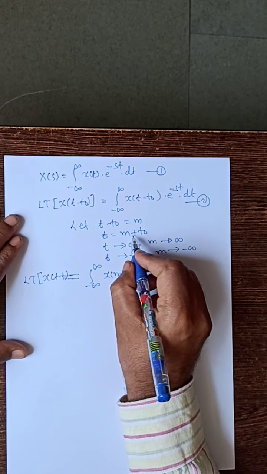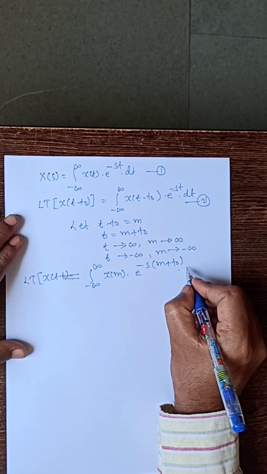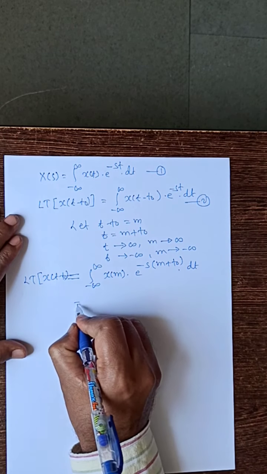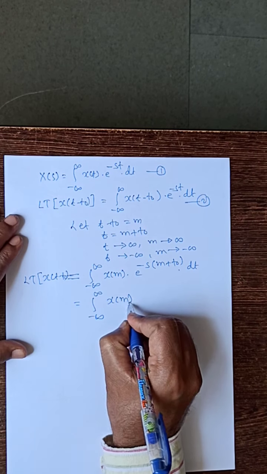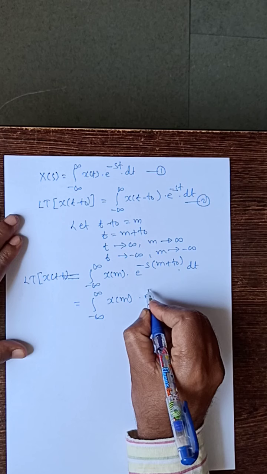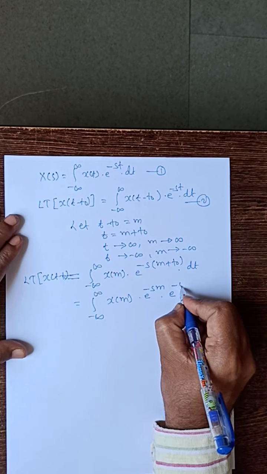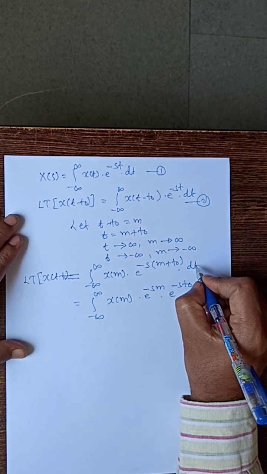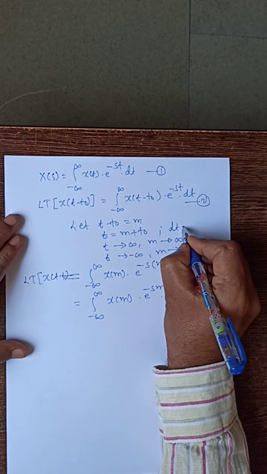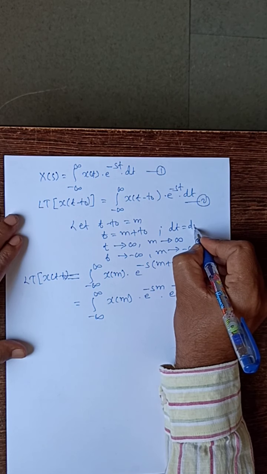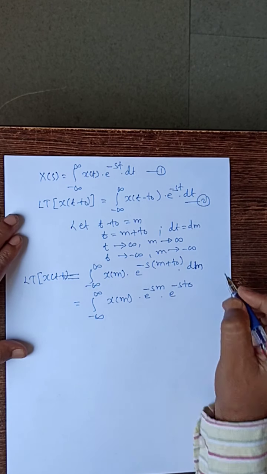t is going to be replaced with what? m + t0, into dt. So that is equal to the integral from minus infinity to plus infinity of x(m) e^(-sm) times e^(-s t0). And dt is going to be replaced with dm, so here dm, not dt.